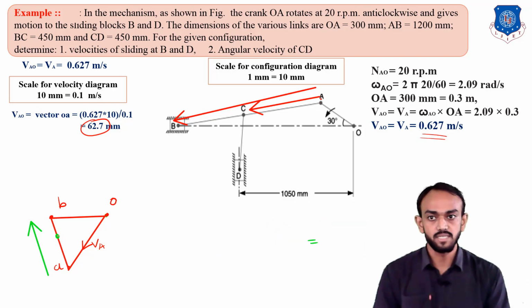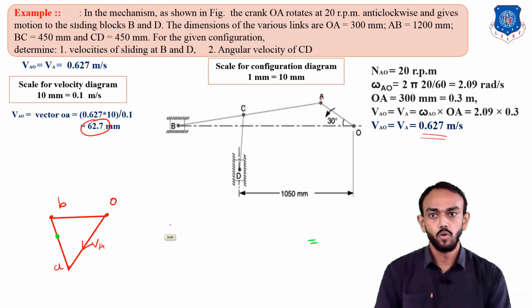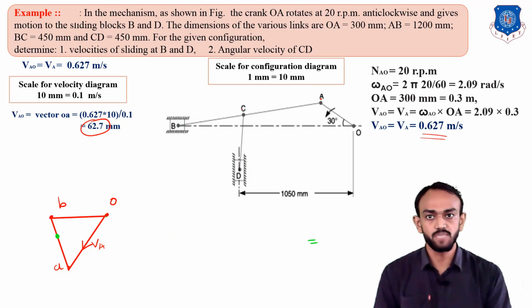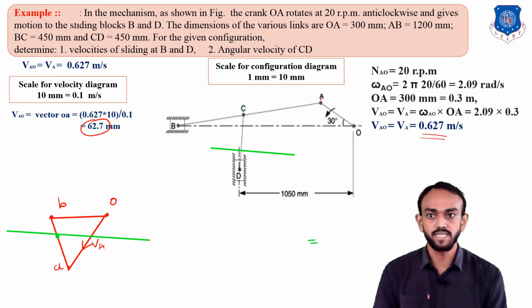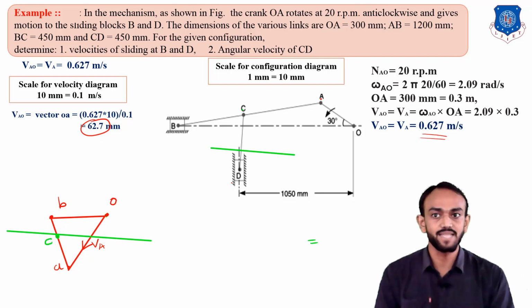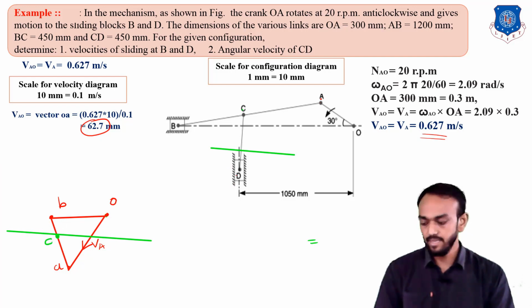When you have this C point, how will you find the D point? As you know, with respect to C, this D is on a CD link. So with respect to C, motion of this D point will be perpendicular to this link. So I will draw this perpendicular which is passing through this C point. But D is a slider which is sliding.